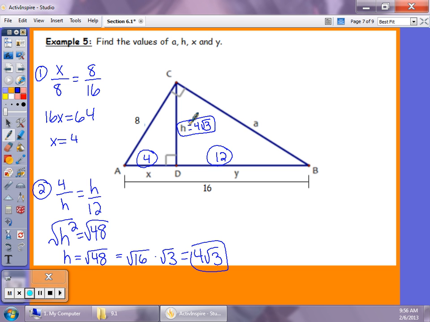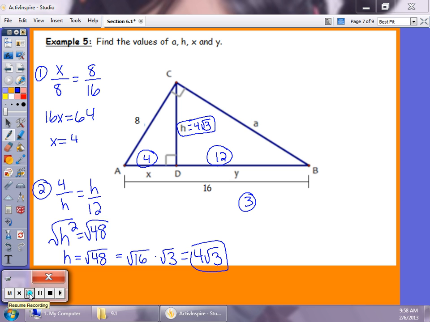The last thing we want to do is go ahead and find a. So for our third proportion, we can go ahead and say 4. Oh, sorry about that. Written the wrong one down. Give me one sec. So to find a, we can actually use the second corollary.